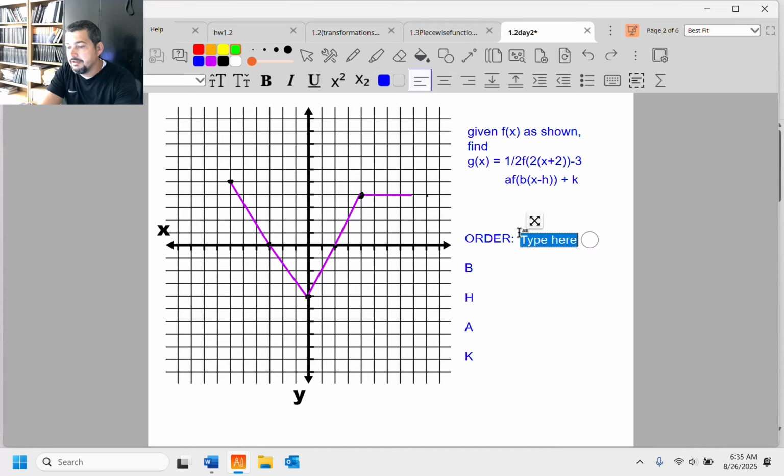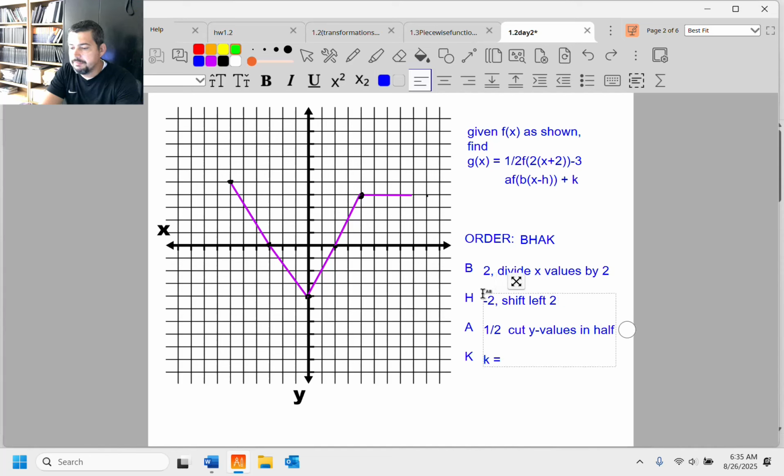And again, your order here, BAHAWK. b is 2, which means we divide the x values by 2. We don't multiply, we divide. h looks like -2. That's going to be a shift left 2. a is 1/2, which means we cut the y values in half. And then k is -3. Shift down 3.